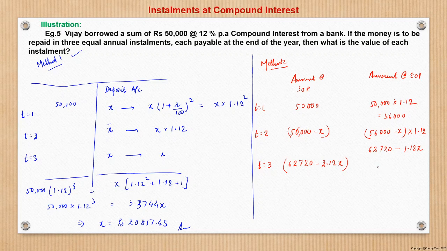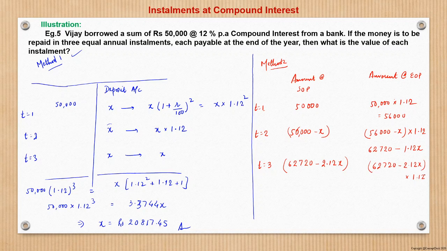Right? And the amount at the end of the third period will be nothing but 62,720 minus 2.12x into 1.12.